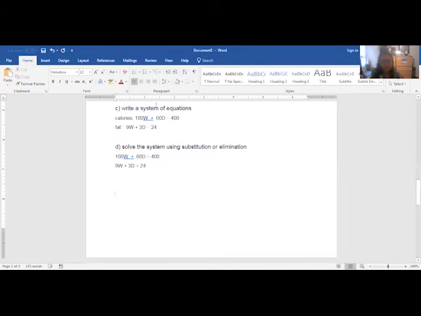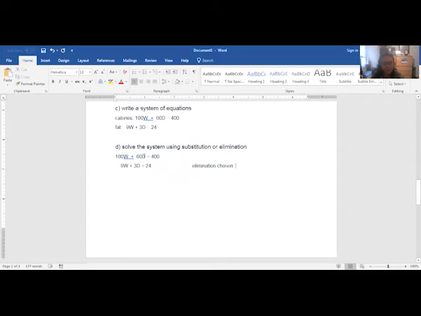Now that we have our system of equations, we're asked to solve the system using substitution or elimination. Please notice here that my W's, my D's, my equal signs, and my constants are lined up, which makes elimination a very easy process to choose. When I choose elimination, I see which variable it would be easiest to cancel out.